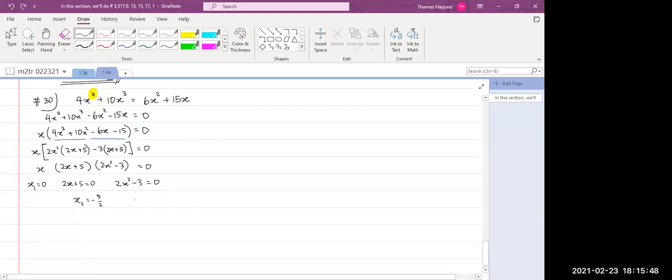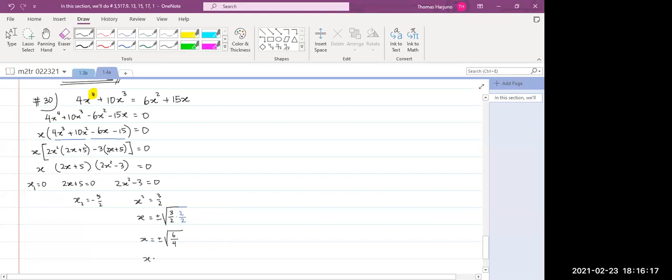Okay, so I get x squared equals 3/2. So x equals plus minus square root of 3/2. But this gives us a radical in the denominator. Let me multiply the top and the bottom inside the radical by 2 over 2. Why? Because I want to have a perfect square in the denominator.